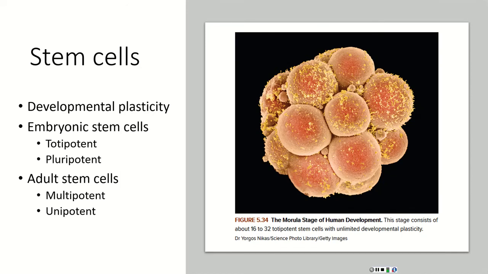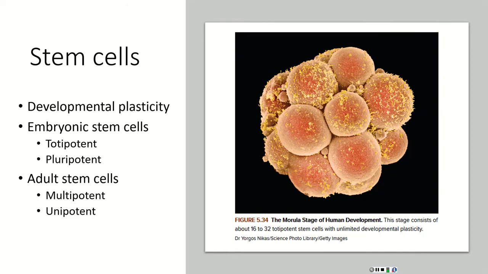And they have what we call developmental plasticity. Developmental plasticity just means they can become a number of different specialized cell types. For example, this cell could go on to become anything. It could become any cell in your body. It doesn't matter what cell it is. This cell could potentially become any one of those cells.